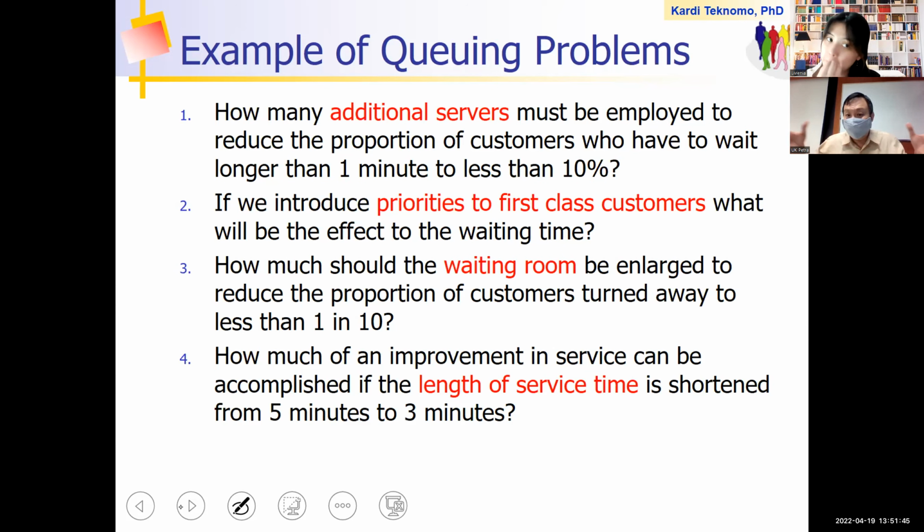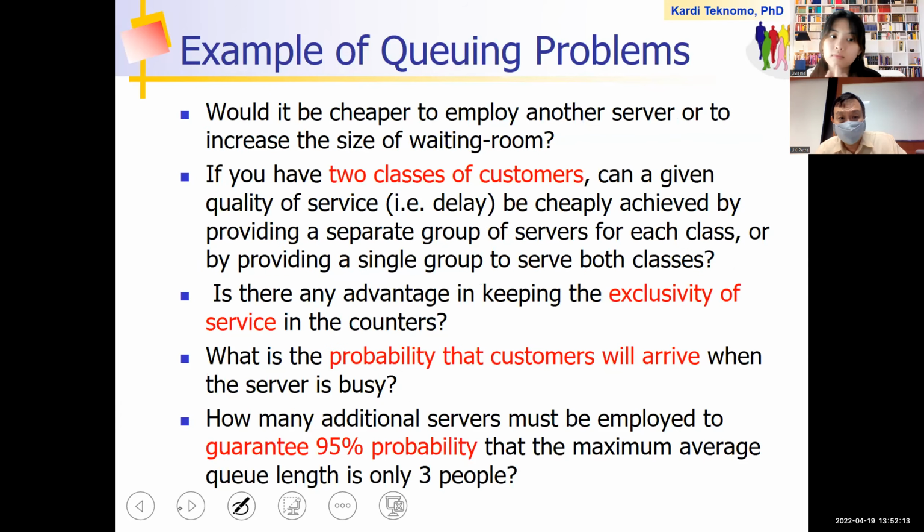How much should the waiting room be enlarged to reduce the proportion of customers turned away to, say, less than 1 in 10? How much improvement of service can be accomplished if the length of service time is shortened from 5 minutes to 3 minutes? So based on this queuing model, you can actually answer all of these questions.